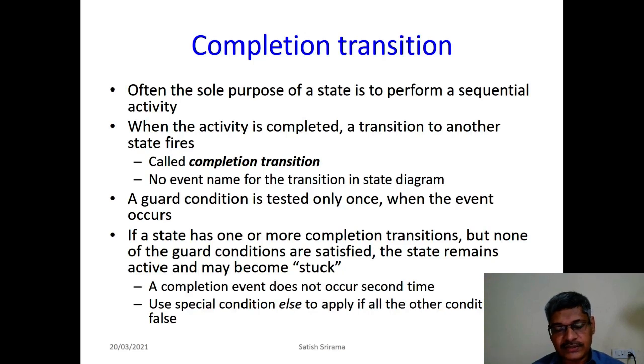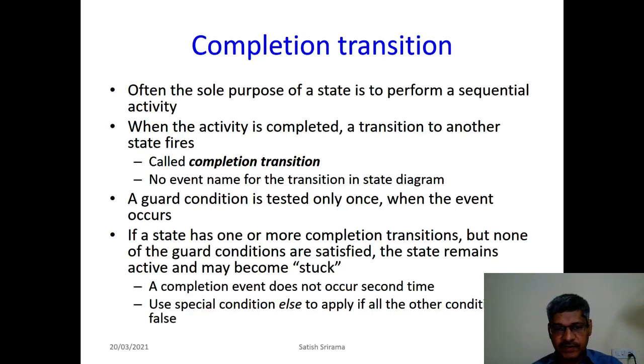Now let us look at the completion transition. Often the sole purpose of a state is to perform some sequential activity. These cases appear pretty often. When the activity of a particular state is completed, a transition to another state fires immediately. So you came to the state, it is doing a sequential activity, certain activity executions.